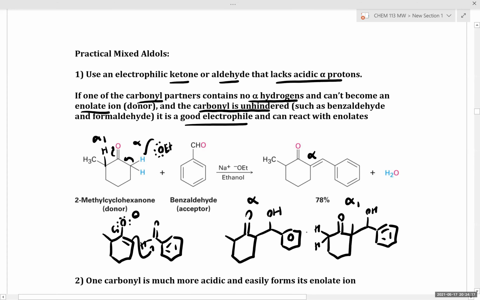When we look at this alpha, we see that we can easily eliminate an equivalent of either hydroxide or water, right? What about alpha 1? Can alpha 1 eliminate hydroxide? Can we push this equilibrium to completion? No, it cannot eliminate.